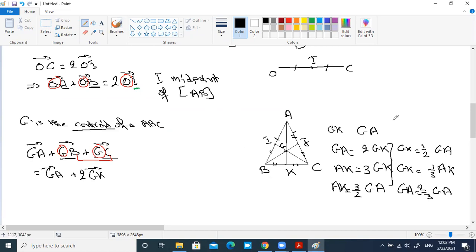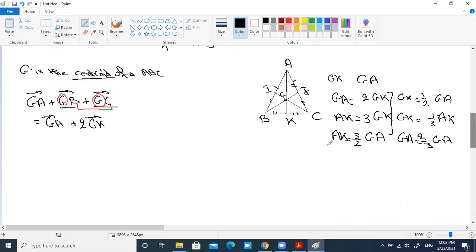Going back to GA plus 2GK. Didn't we say that AG is 2GK using vectors? Because in magnitude, AG is double GK.